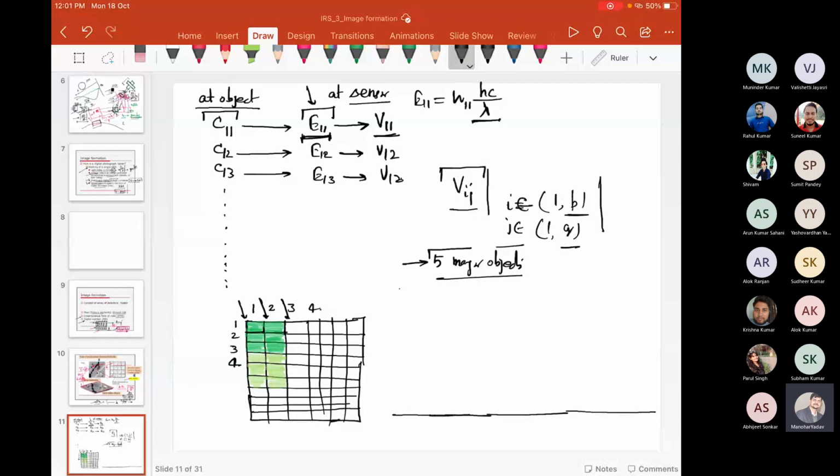If their reflectance changes object-wise, it means different energy is reflected back and correspondingly different voltages are generated.